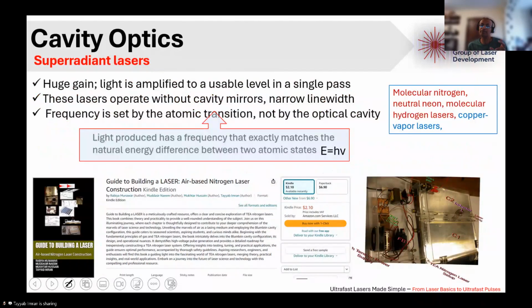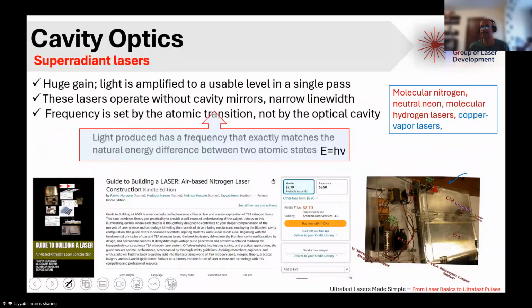There are some kinds of lasers which we call superradiant lasers. Superradiant lasers don't need cavity mirrors. It's good to have them, but they can also work without cavity mirrors. You can see this is a homemade nitrogen laser.